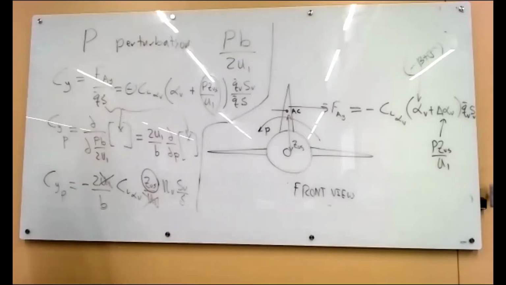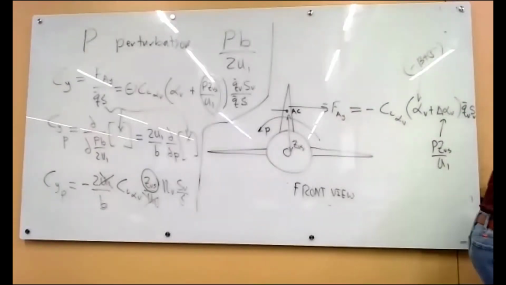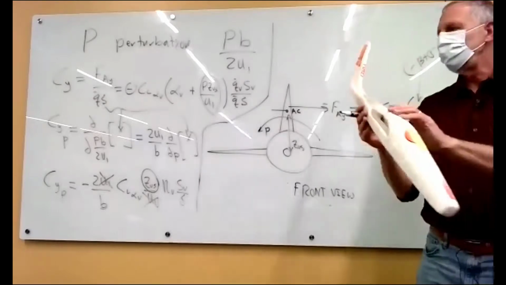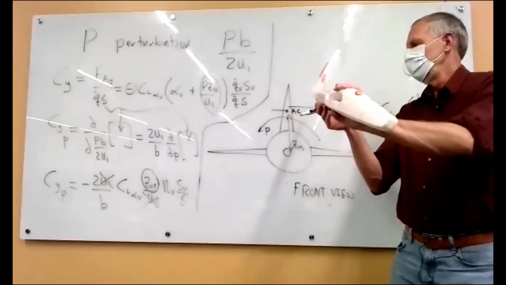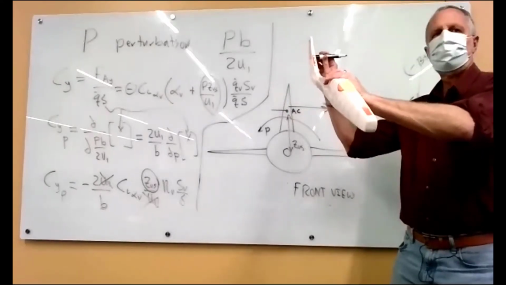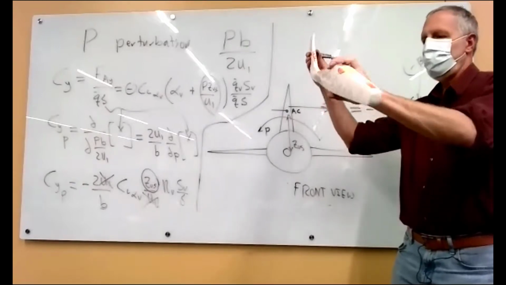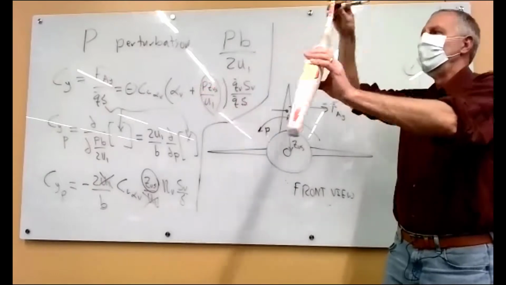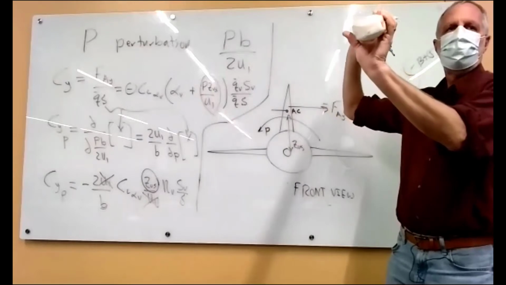Because, like I was showing you with the foam airplane, that's really what you're doing. Forget the wing, the horizontal tail. I'll get this thing rolling the right way. It's rolling this way. So we're getting a force this way that we just derived. And then we just multiply it by the x distance to get the moment arm, to get the yawing moment, and the vertical distance to get the rolling moment.